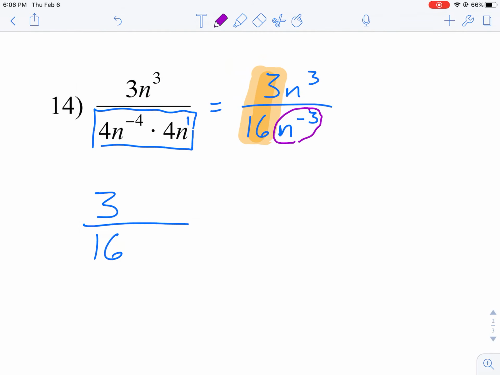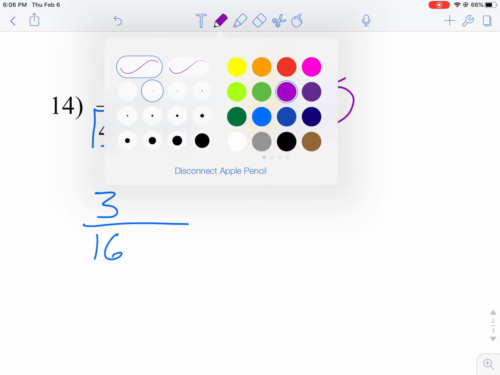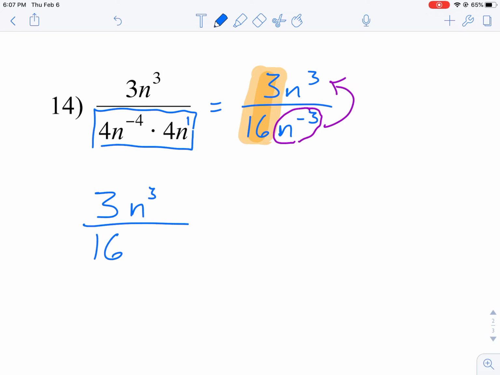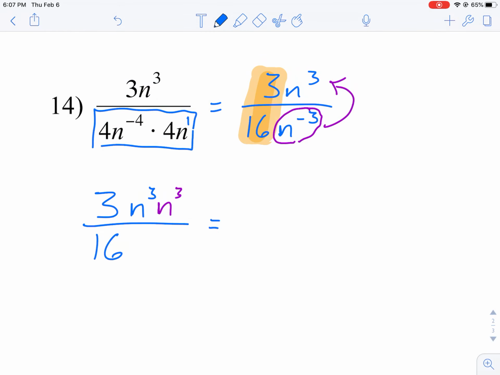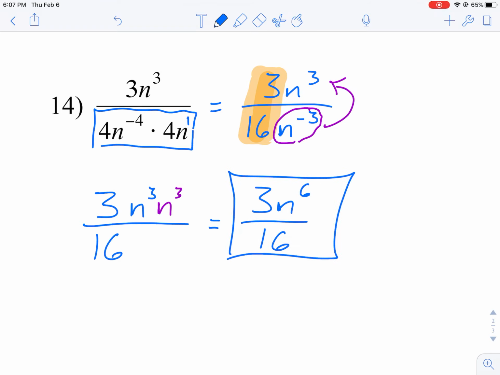I don't like negative exponents, so I'm going to bring it up to the numerator here to make it positive. So that has n to the third, that was already there, and then that n to the third comes up top. So when you bring it up, you're making it a positive n to the third. And then to finish this off here, it'd be 3n to the sixth over 16 as a final answer.